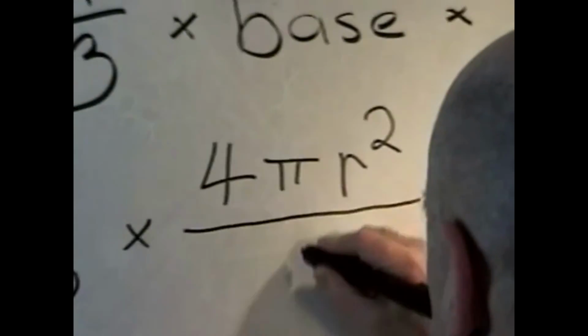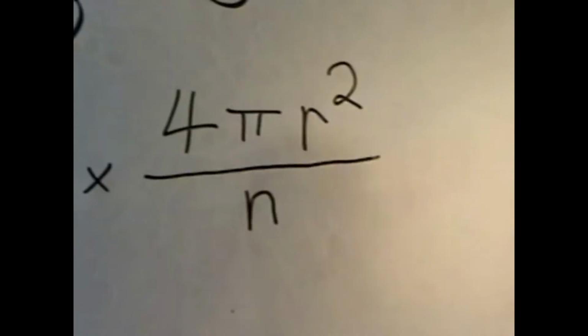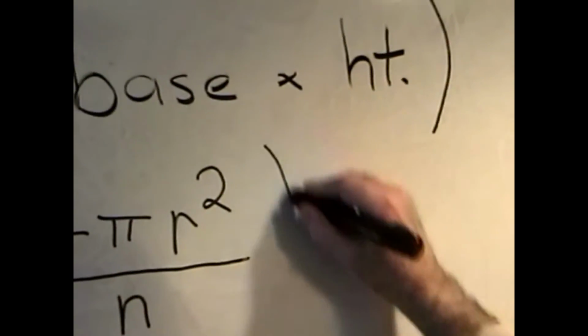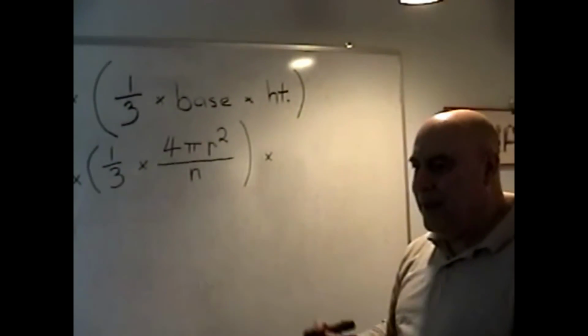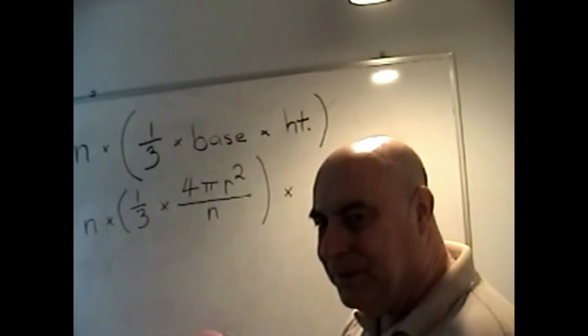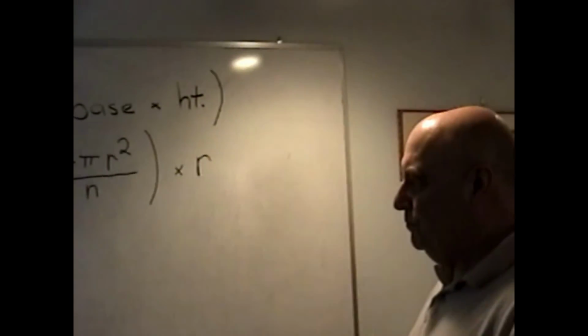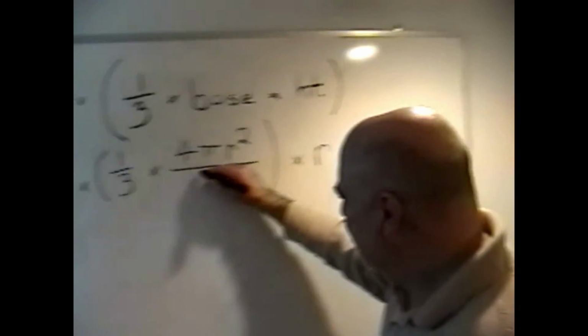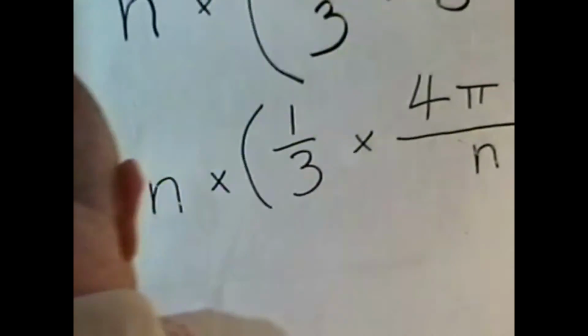We're going to take that entire surface area and divide it by the number of tiny pyramids, which is n. And the height of each one of these pyramids is going to be the distance from the center of the sphere to the surface of the sphere, and that is simply equal to the radius of the sphere, which is r. Now, the n here and the n here cancel, so we can simplify to this.